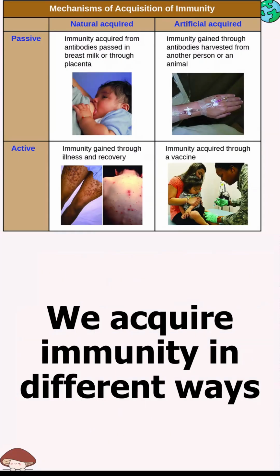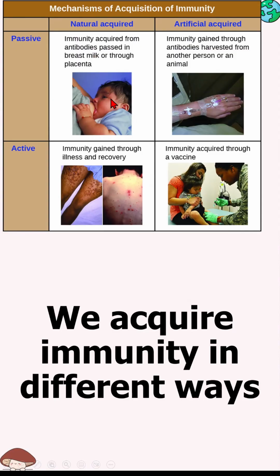And so antibodies are, again, one way to acquire immunity, and then the other way is, of course, through cell-mediated immunity. Now, how can we acquire immunity? There's four main ways, and so in this table, it kind of breaks it down. So there is passive immunity and active. Passive means that you are just receiving antibodies from somebody else. And there's the natural way of doing this, which is when you receive antibodies from your mother through the placenta or through breast milk.